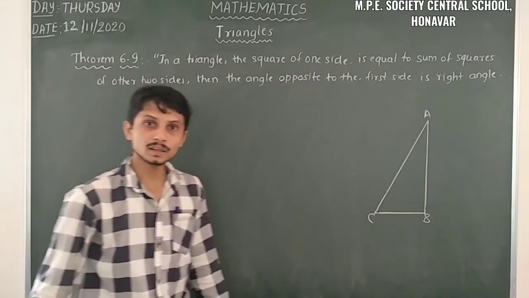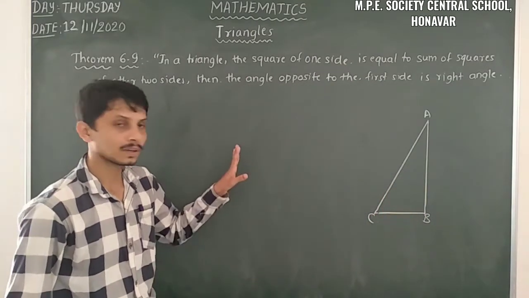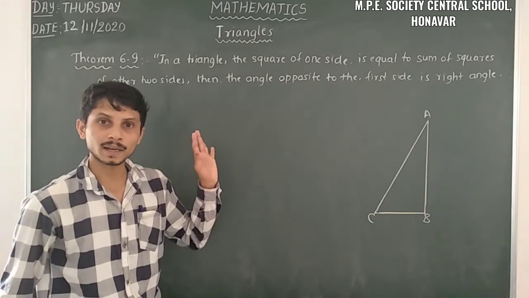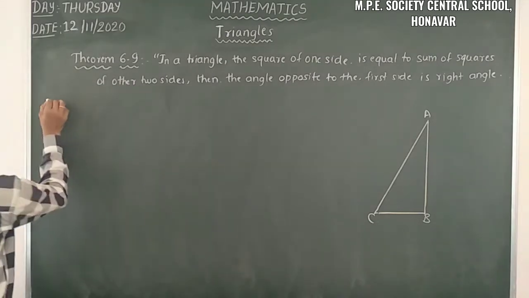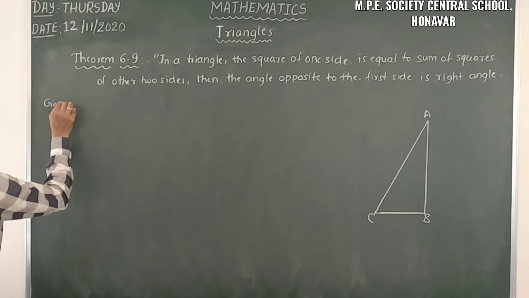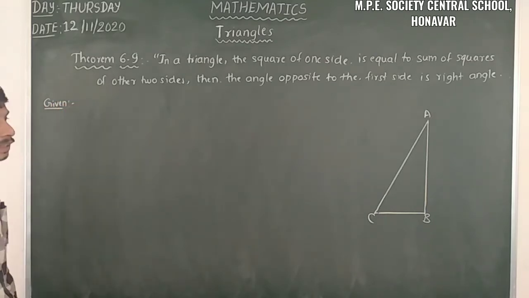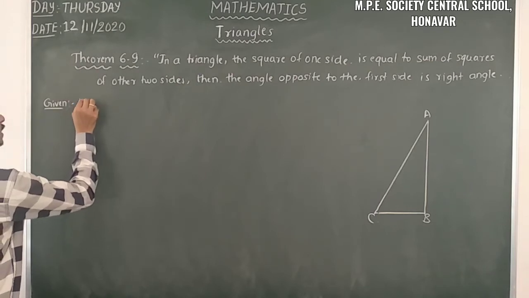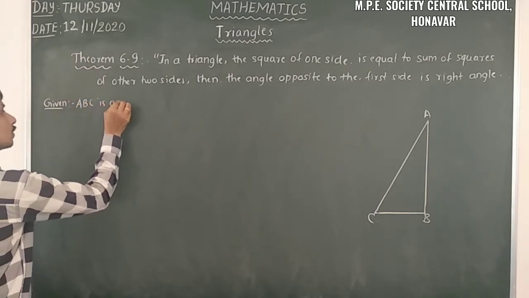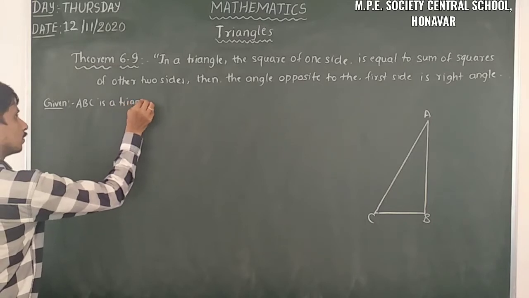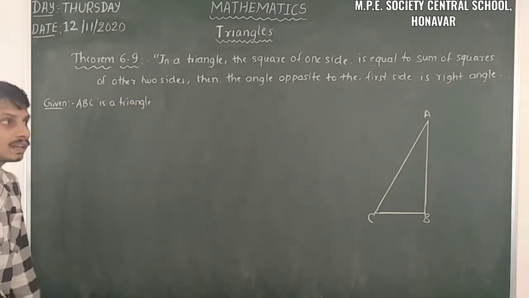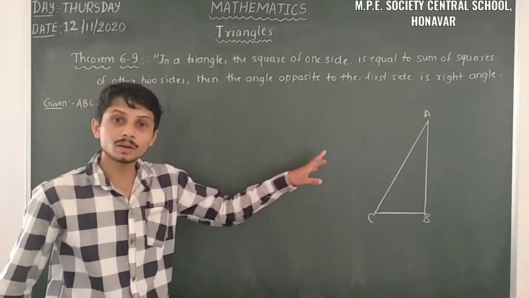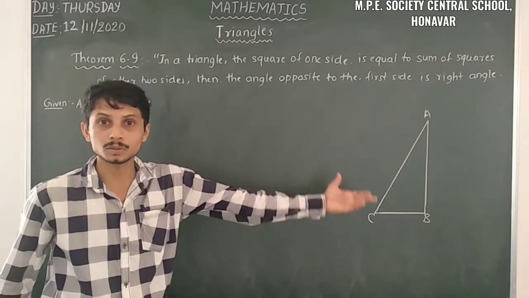Yes. So here it is given that ABC is a triangle in which the square of one side is equal to the sum of squares of the other two sides.